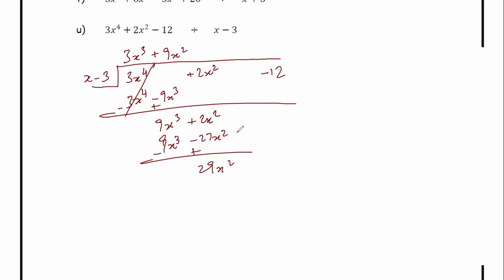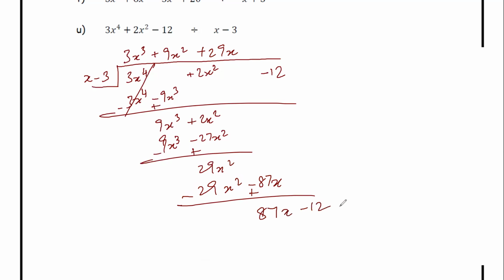Nothing to bring down. So now it'll be 29x. So that'll be 29x squared. And then obviously negative 3 into 29 is 90 and 3 less, so 87. Okay, so negative 87x. Change the sign, and I got 87x. Bring down negative 12.